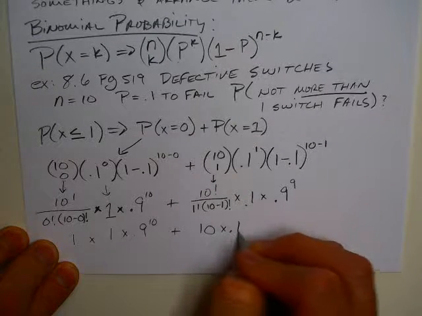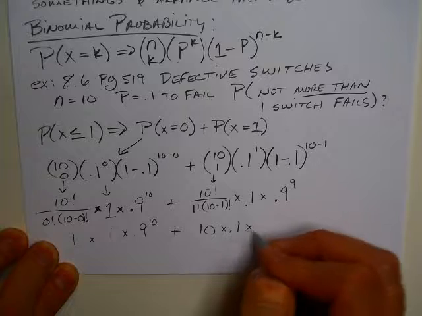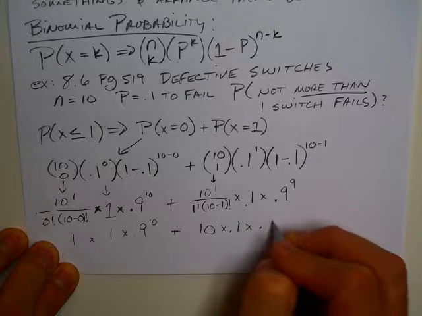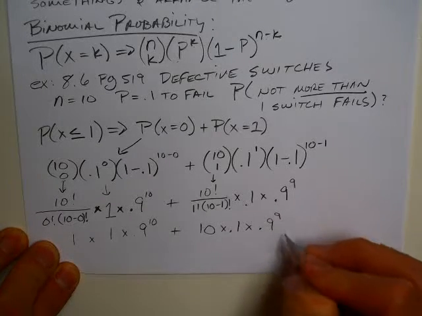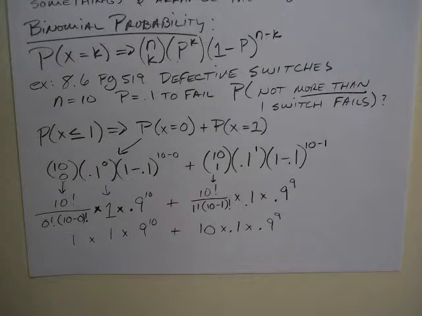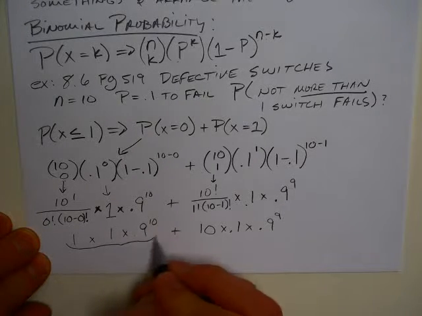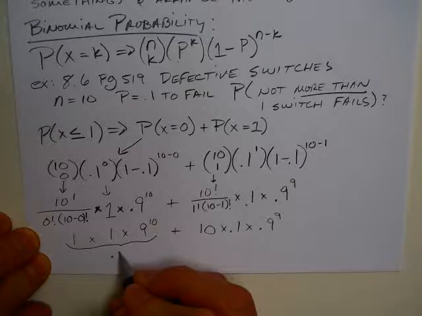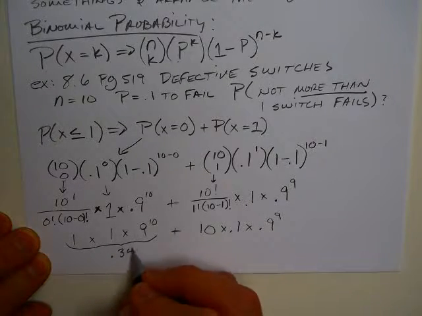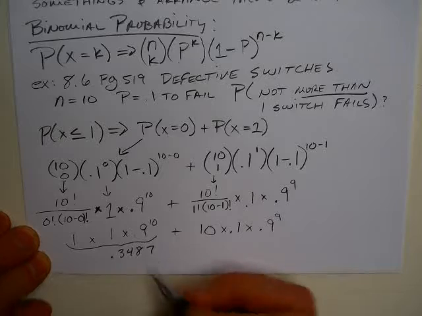times 0.1 times 0.9 to the 9th power. And then we go to the calculator. 0.9. So I get that this piece right here is 0.3487-ish.